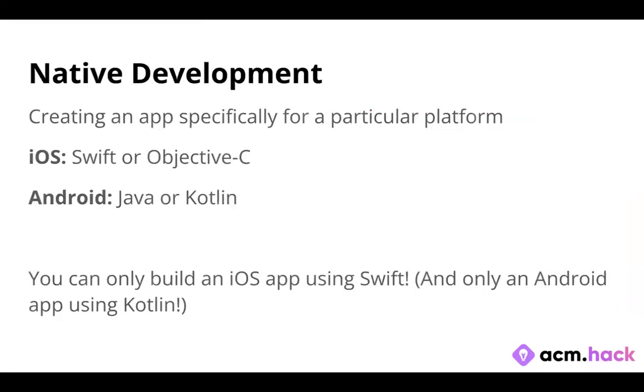As some context, native development is when you create an app specifically for a particular platform. For iOS, Apple has their own programming language called Swift, and there's also something called Objective-C. If you code in those, you can build an iOS app, but you can only build an iOS app. Similarly for Android, they have Java or Kotlin, and if you code in those, you can make an Android app, but you can only make an Android app.